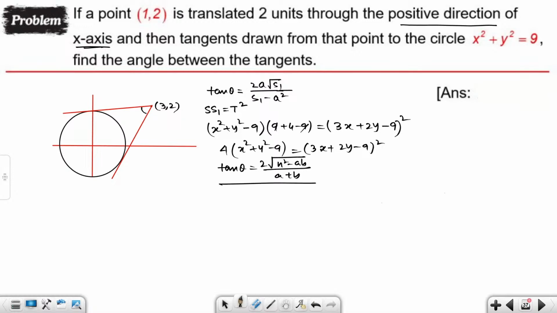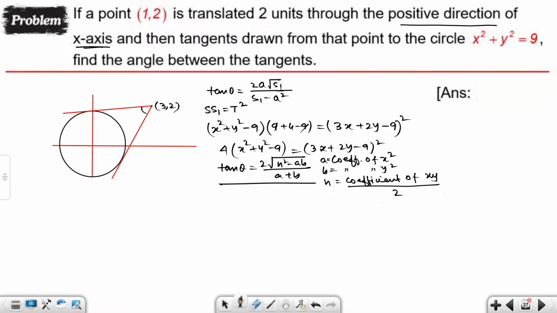Again, I have completed this in your straight line lecture. What is a? A is the coefficient of x square. B is the coefficient of y square. And h is the coefficient of xy divided by 2. Am I correct?